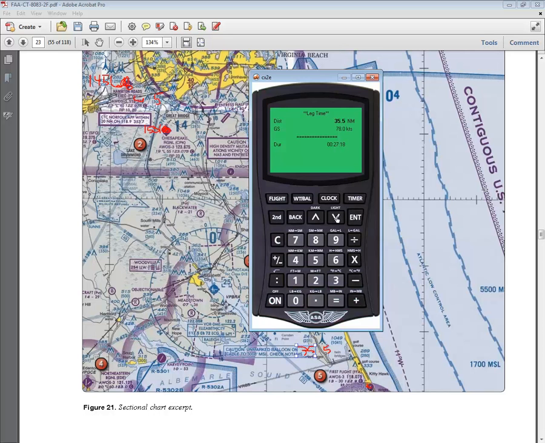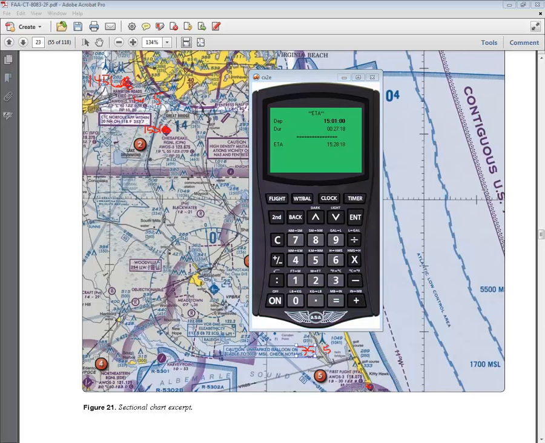So what we could do from here is figure out what our estimated time of arrival is. If we passed over Chesapeake Regional at 15:01 and we're going to be flying for another 27 minutes and 18 seconds, we figure out that we're going to arrive at First Flight at 15:28.